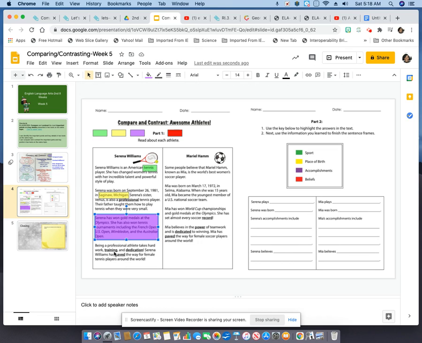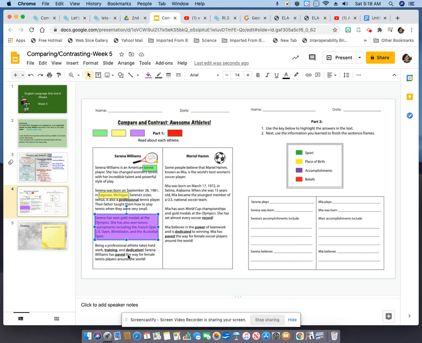Training is the special work she did, or special exercises she did to learn how to play tennis. And then dedication, something that's very important to her. She likes playing tennis, and she gives it her all. So she's dedicated to it. All right.